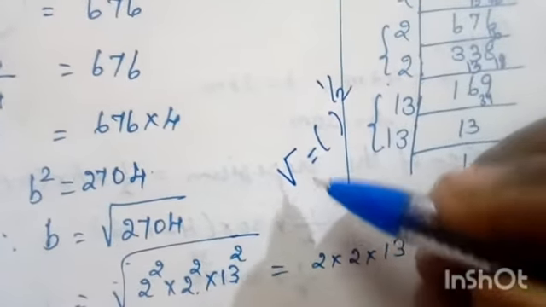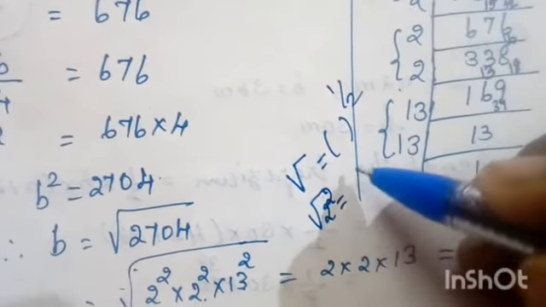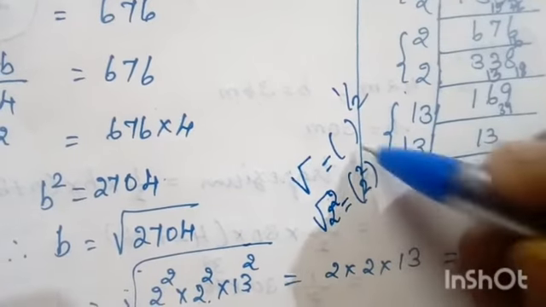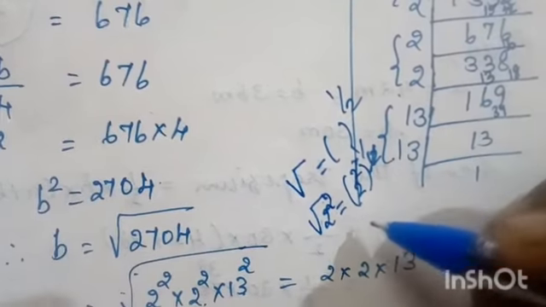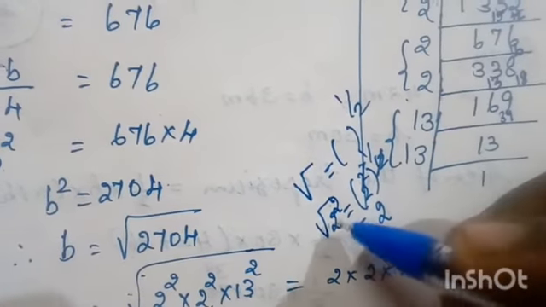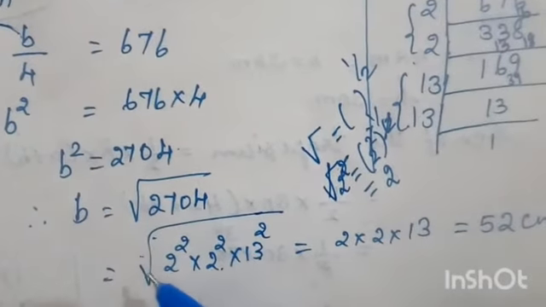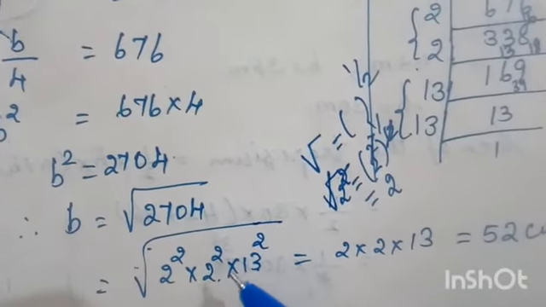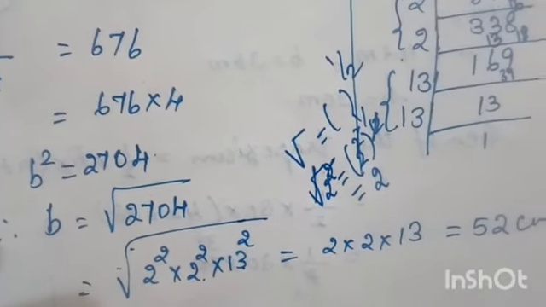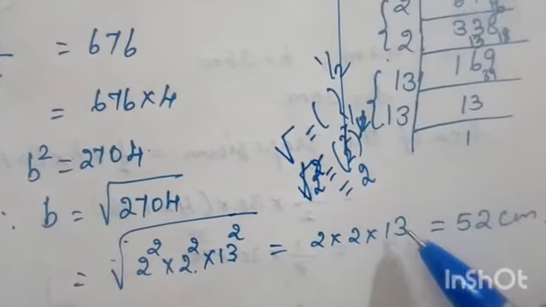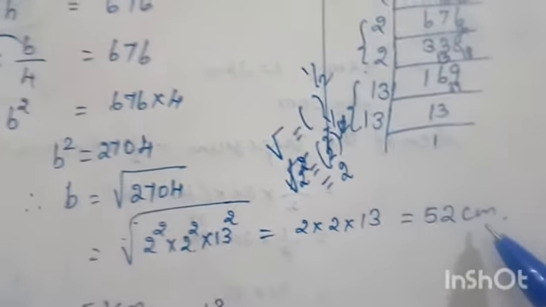So the 2s cancel and it becomes 2. So when you have a square number inside the square root, it cancels and comes outside without the square. So that is 2 into 2 into 13. 2 2s are 4. 4 into 13 is 52 centimeters.